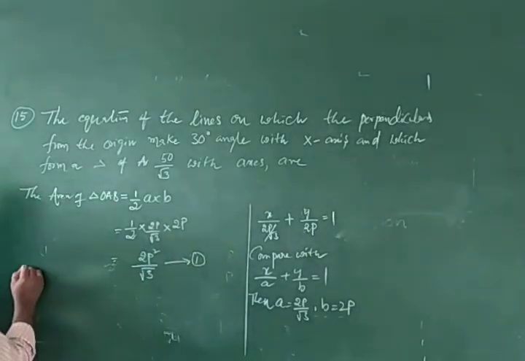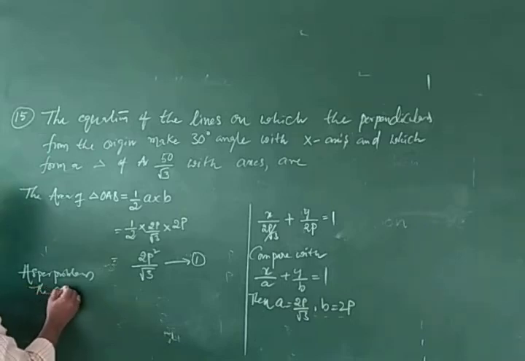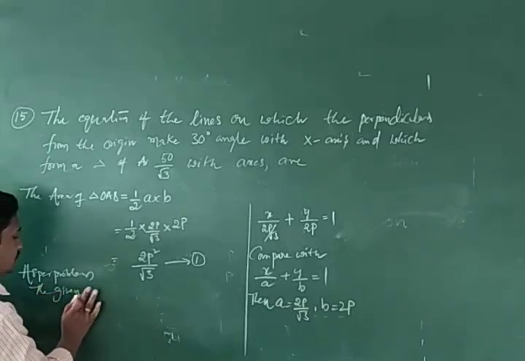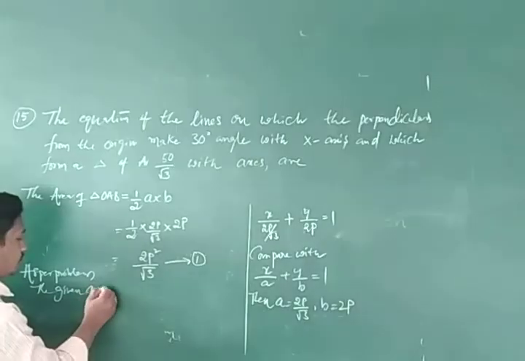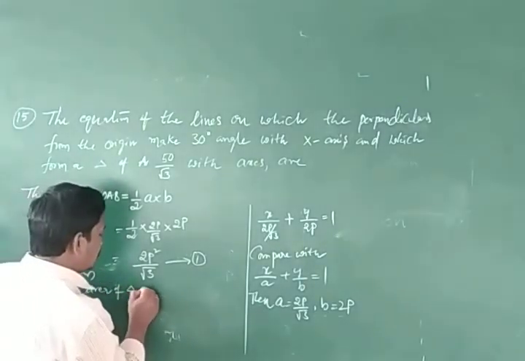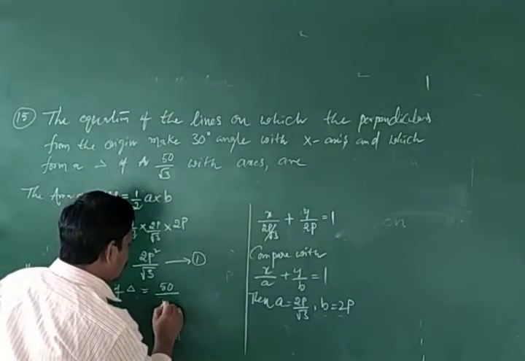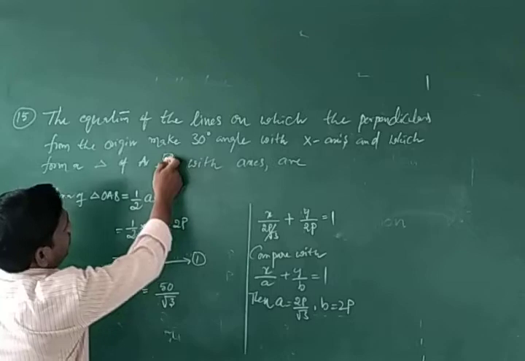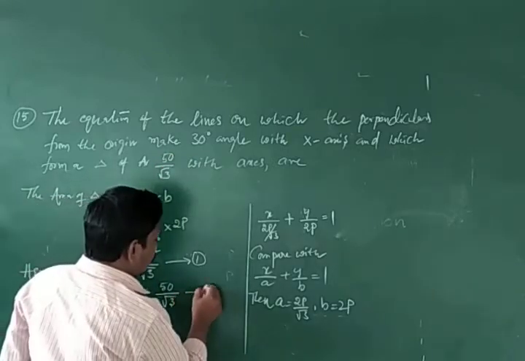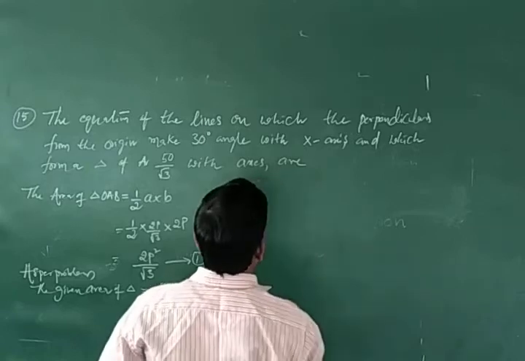As per the problem, the given area of a triangle equal to 50 by root 3. This is 2.